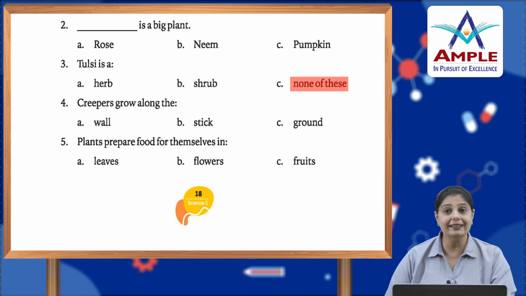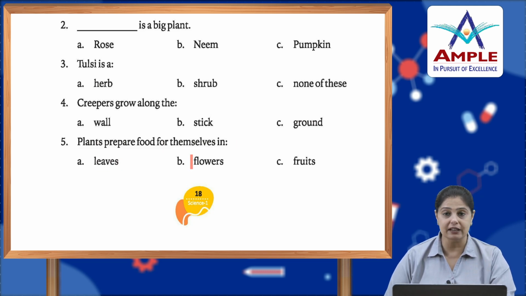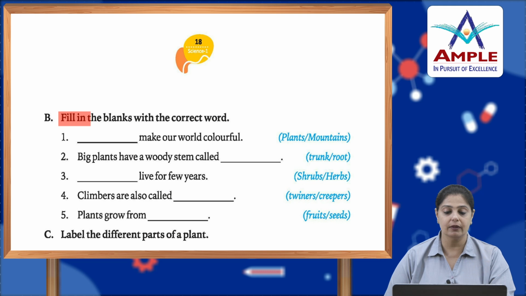It is small and it has a weak stem. Creepers grow along the wall, stick or ground. Creepers, they creep along the ground. Plants prepare food for themselves in leaves, flowers or fruits. It is the leaves where the food is prepared, okay.